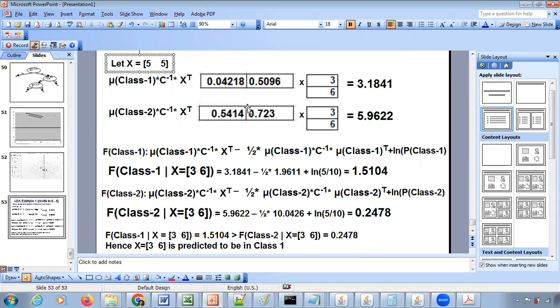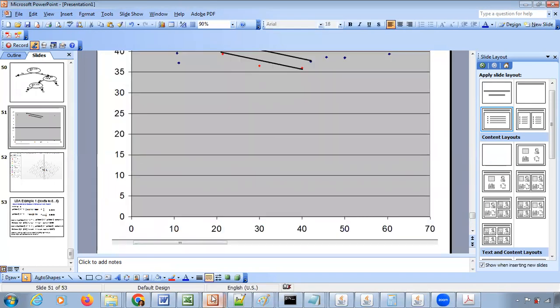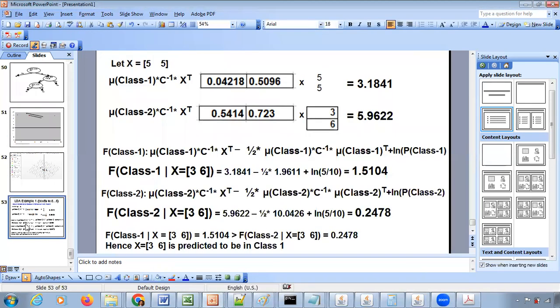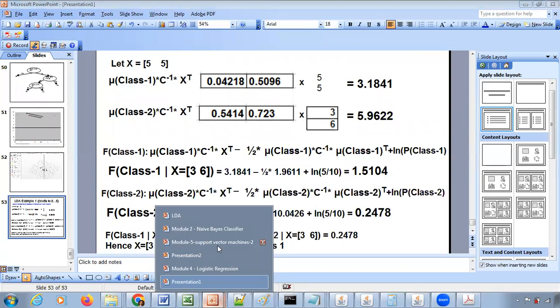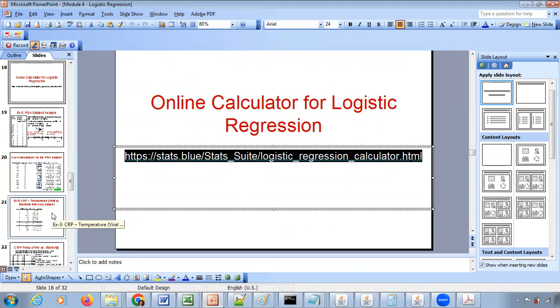So I multiply that with mu class 1 C inverse times the transpose. The transpose of this 5.5 is this 5.5 here. So I'm going to multiply mu class 1 C inverse, which is this matrix here. Yeah, better use that here itself. I didn't add the test case. It's better I do that here so I can include that in the slide.